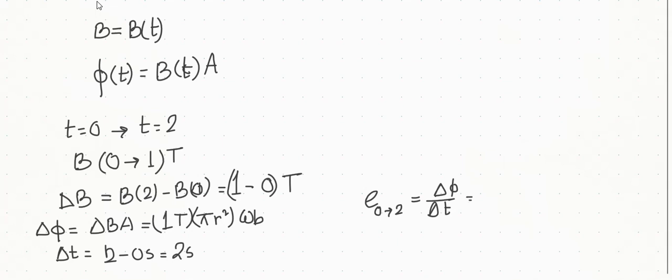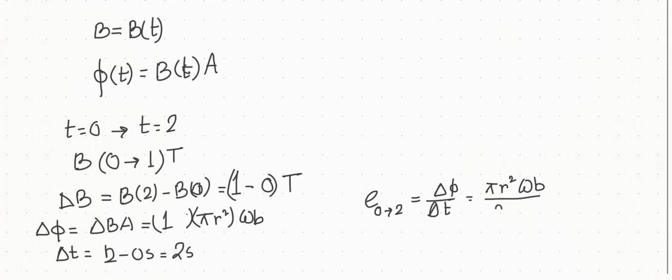Del phi is simply 1 Tesla into pi r square. Tesla should not be here: pi r square is in meter square, and Tesla into meter square gives you the unit Weber.